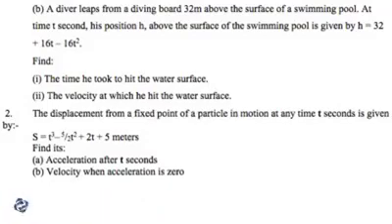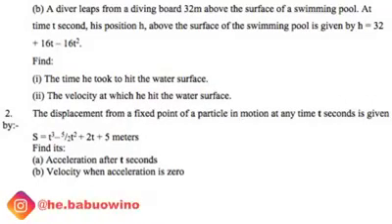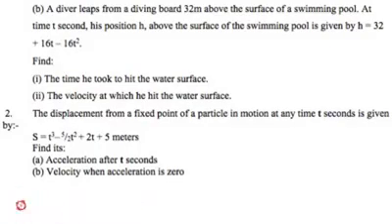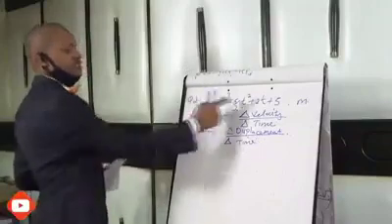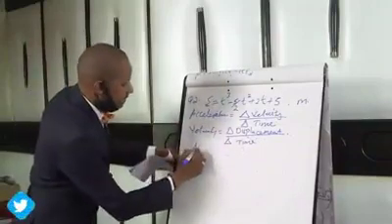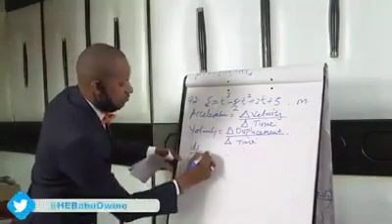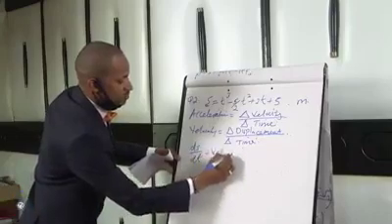Therefore, for us to get acceleration, we have to get velocity first. So for us to get velocity when we are given displacement s, we differentiate s with respect to t. Therefore, we will have ds/dt, which will give us the velocity.